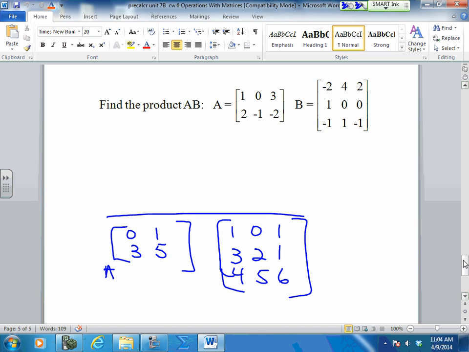Can you multiply these? What's the order of this guy? 2 by 3. Line it up like this. What's the order of this? So do these match? And what's your result?